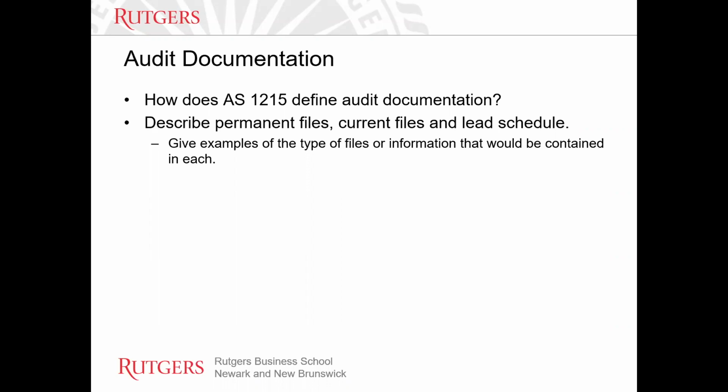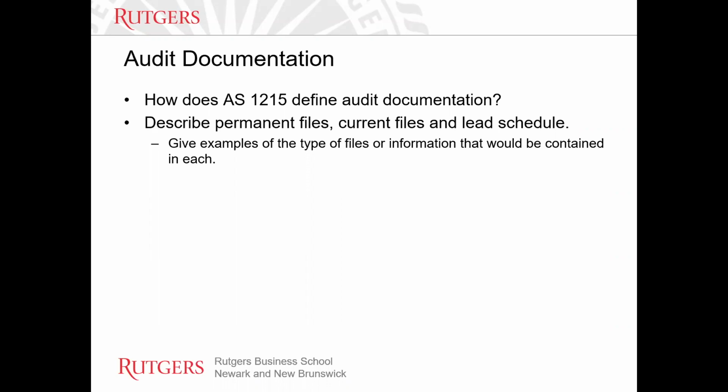So the permanent file is also called the continuing audit file. That's going to include any of the information from previous audit years, right? The audit team is still going to use the permanent file year after year because all that due diligence they did about understanding the company, the company's charter, bylaws, maybe their organization chart, things that don't change about the company, is still going to be in there.